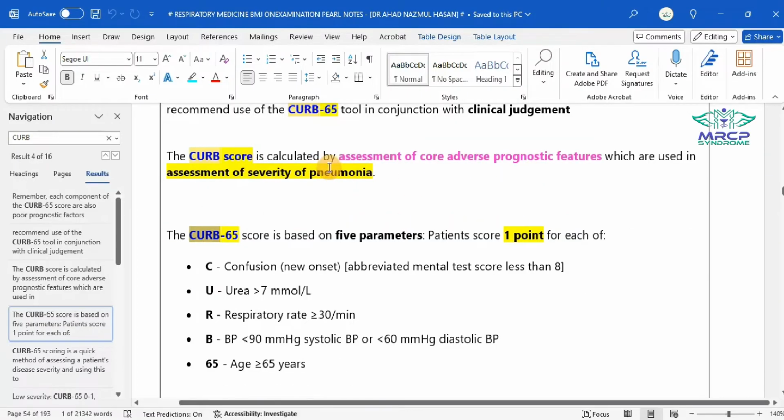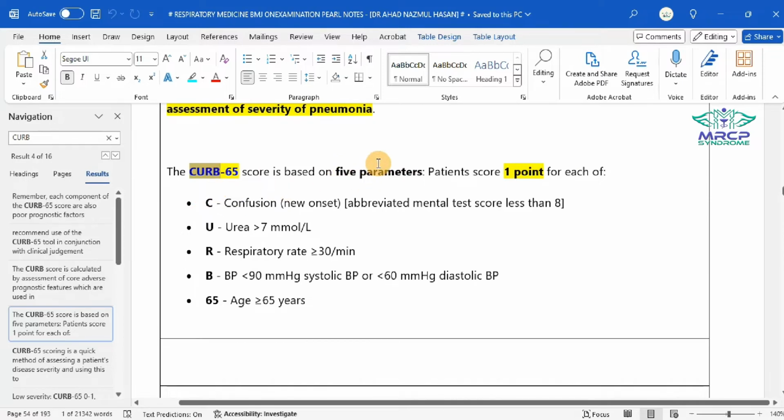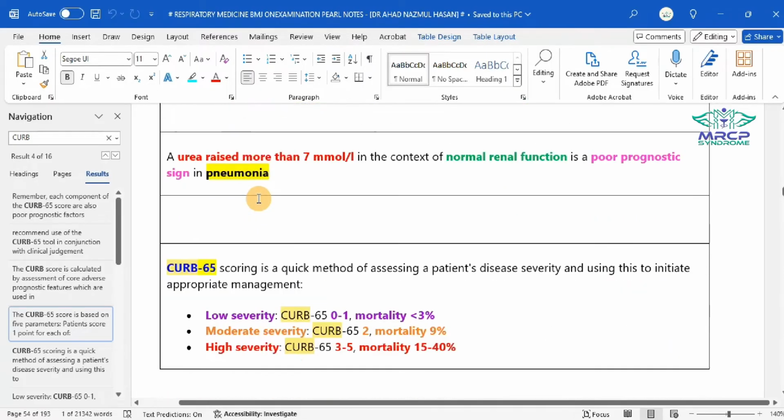The CURB score is calculated by assessment of core adverse prognostic features, which are used in assessment of the severity of pneumonia. This is based on 5 parameters, and each parameter carries 1 point. And always remember, the confusion should be new onset confusion.